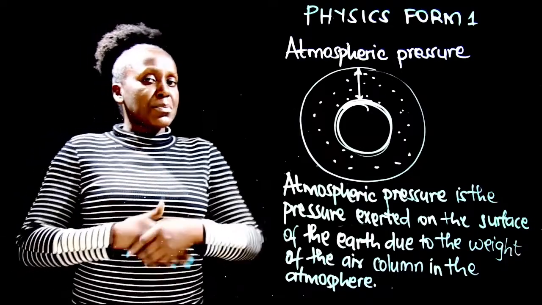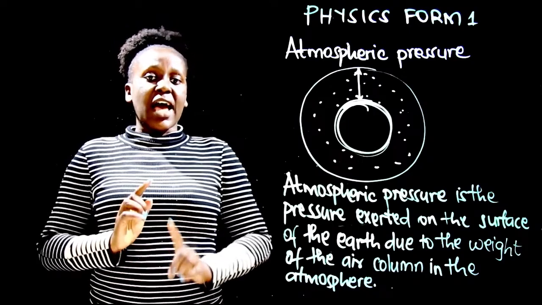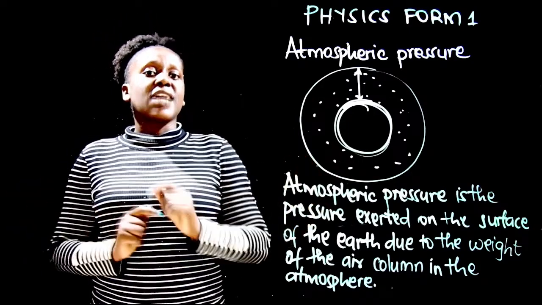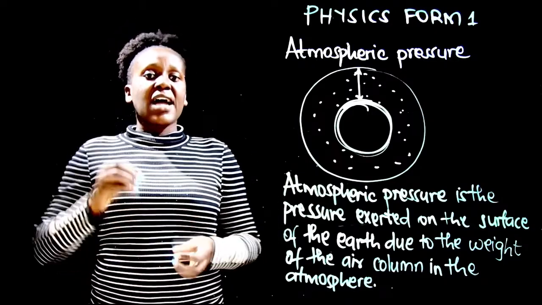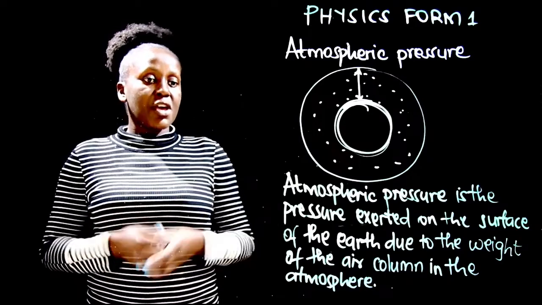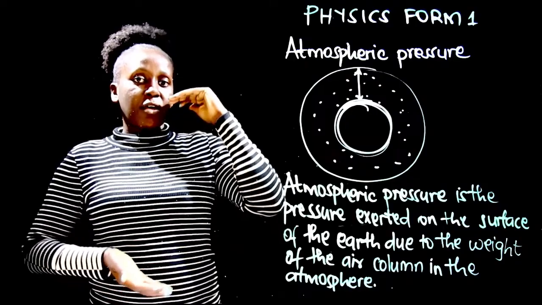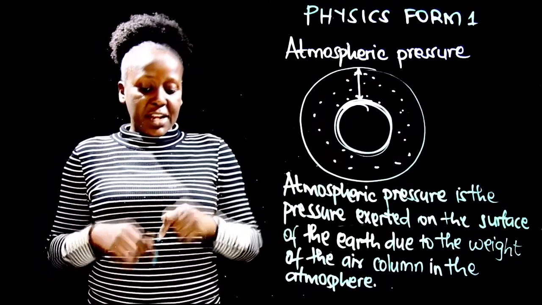Now the atmospheric pressure acts in all directions. It can act upwards, it can act sideways, it can act downwards. So we are used to pressure acting in a downward direction. If you are below water in a swimming pool, then the water will be exerting pressure on you in a downward direction.